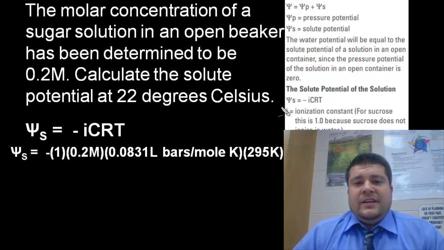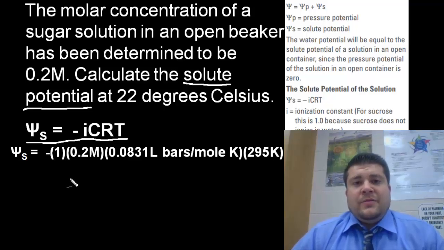We are going to need the solute potential equation. And that's going to be psi s equals negative iCRT. The only reason I knew that was because it asked me to calculate the solute potential. So now we need to find each one of these numbers. And so i is going to be the ionization constant.